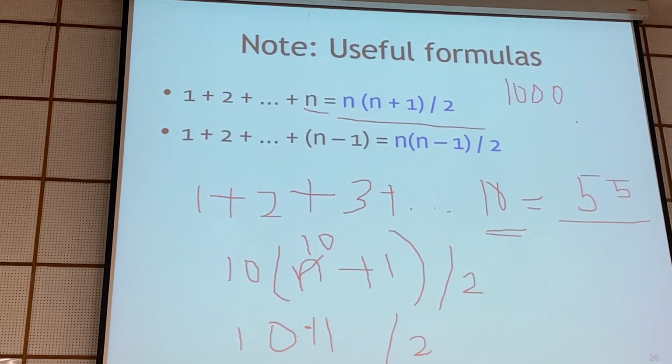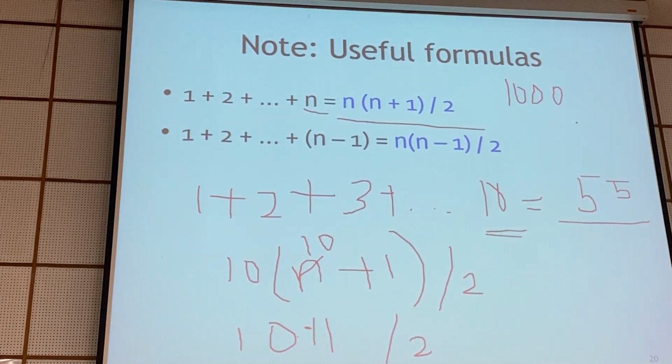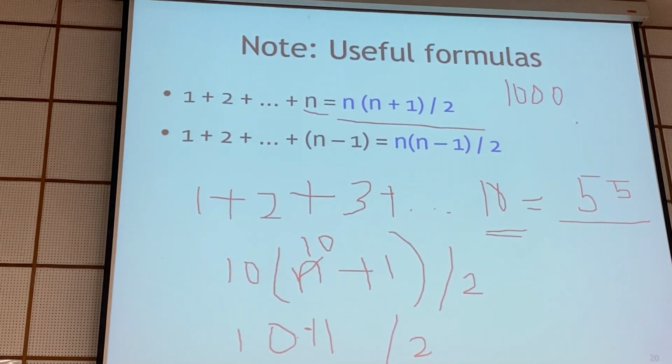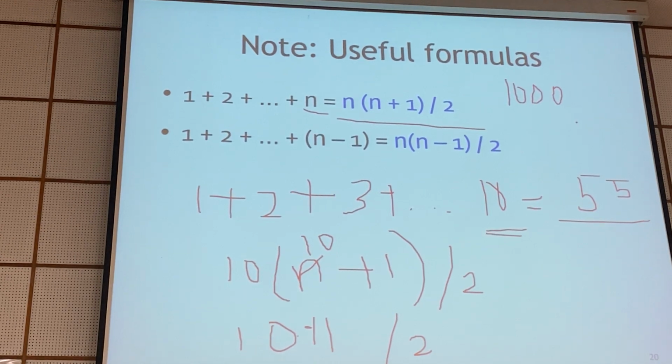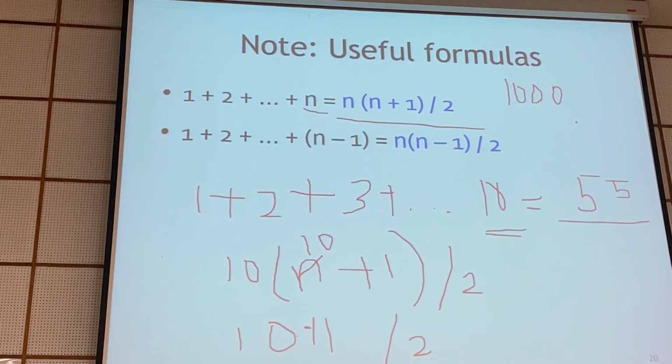Remember 1 plus 2 plus 3. If you were to do it like that, it's going to take a longer time, correct? But if we apply a formula to it, it's going to be much faster.